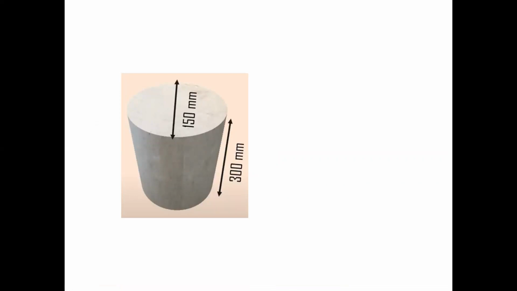So ito yung sample ng concrete, cylindrical concrete na naporma natin gamit ang cylindrical mold na may diameter na 150 mm at ang standard size niya, depth is 300 mm.